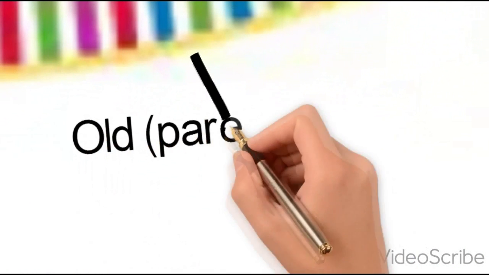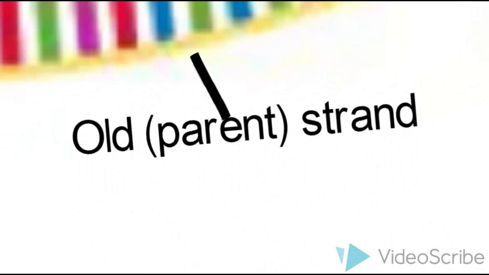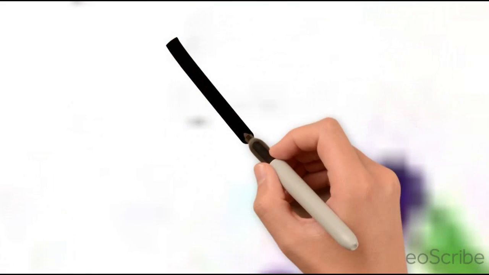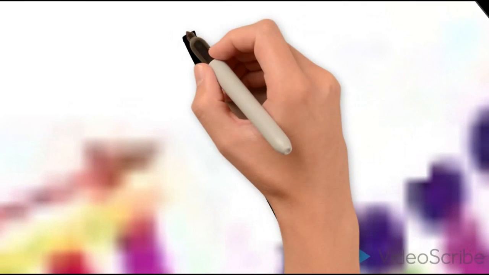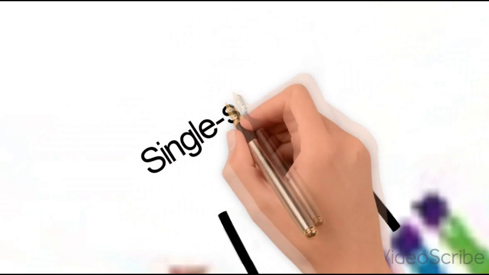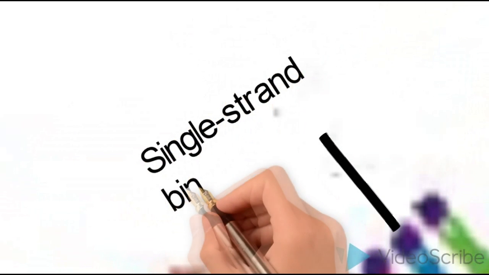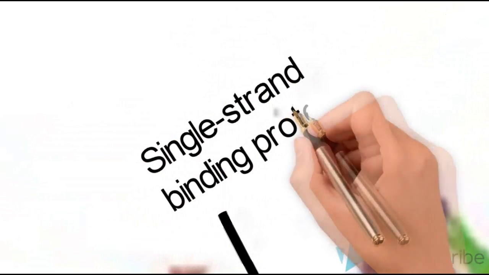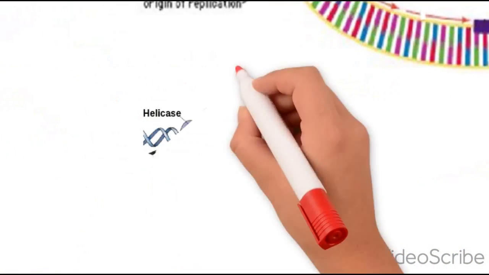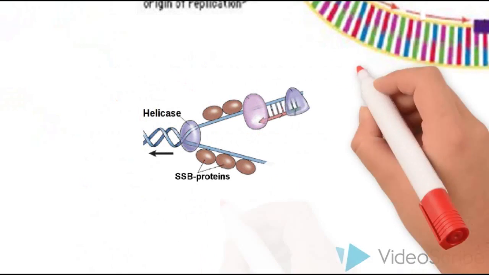They can't attach to each other because they have single strand binding proteins. So single strand binding proteins don't allow them to attach to each other. Let's see in more detail.